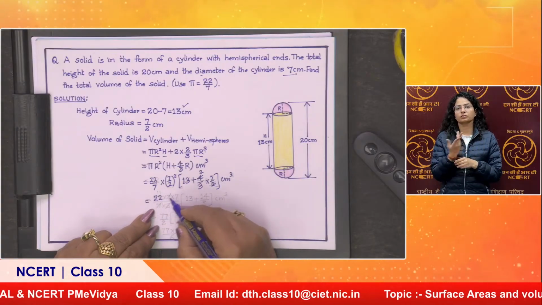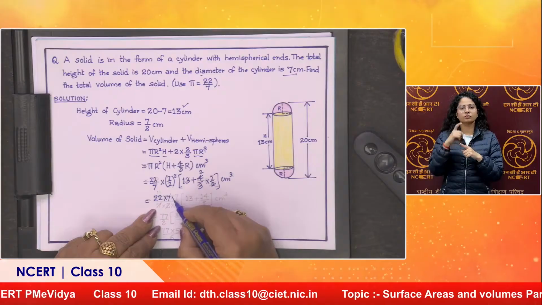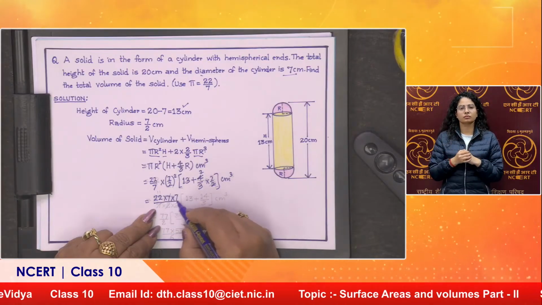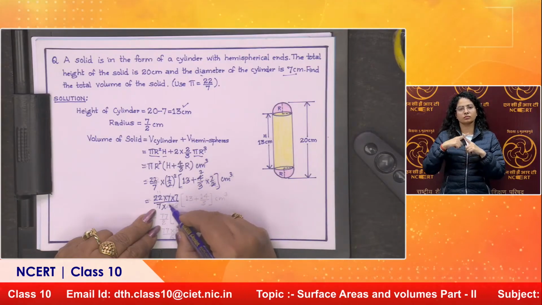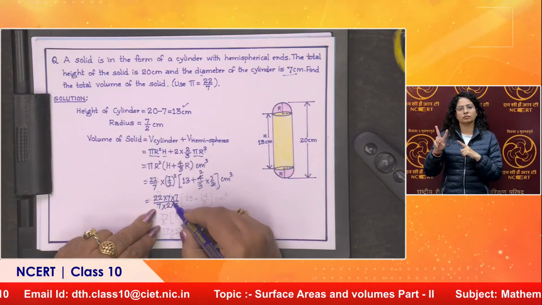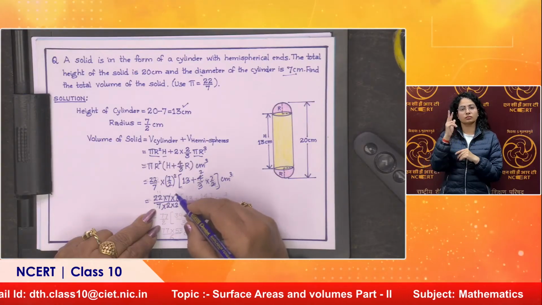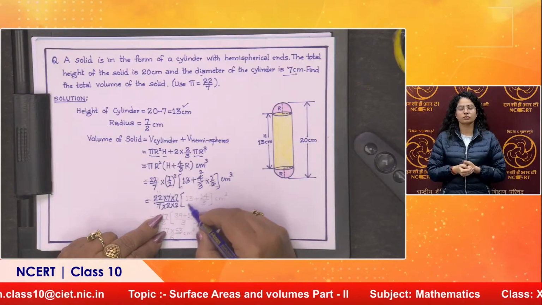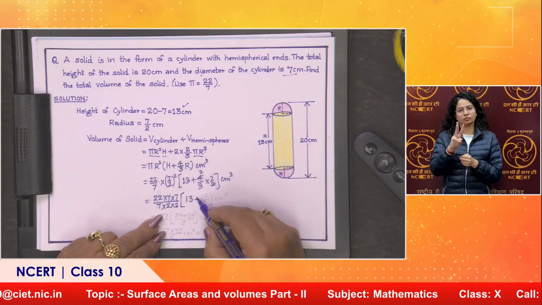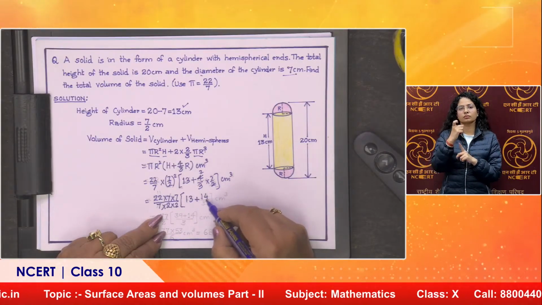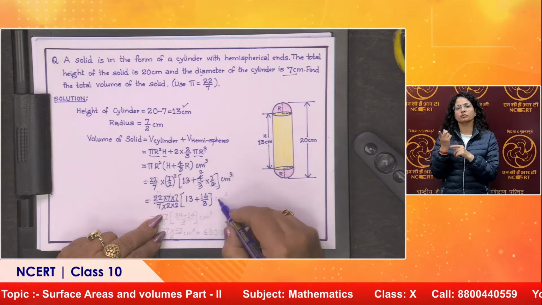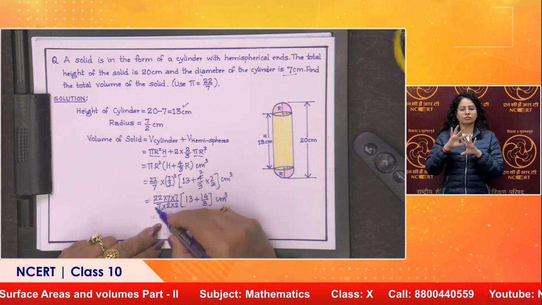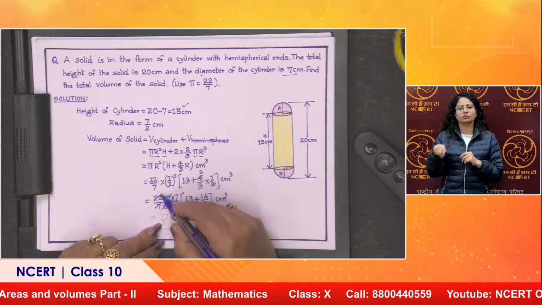See, 22 into 7 into 7 upon 7 into 2 into 2, because it is square. So, here what I am left with? 13 plus 7 twos are 14 upon 3. Okay. If we calculate this, children, 7 gets cancelled, 2 ones are, 2 11s are.